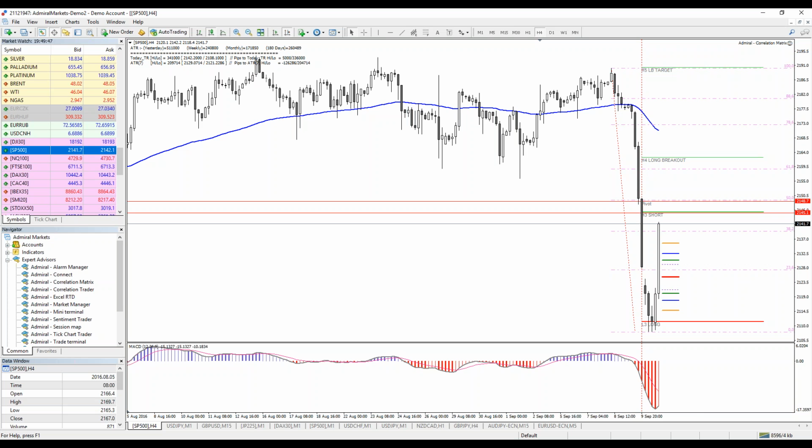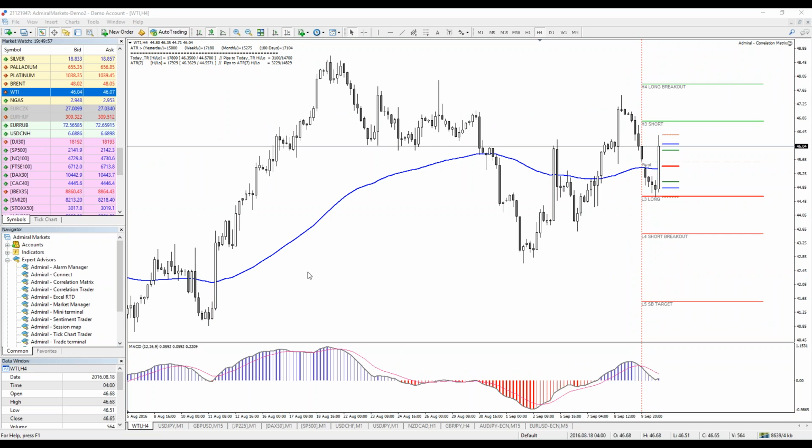Now, next question, Rui, what about oil? Still, see, always is correlation. Oil up, yen pairs up, equities up. Oil is close to being a lean head and shoulders.